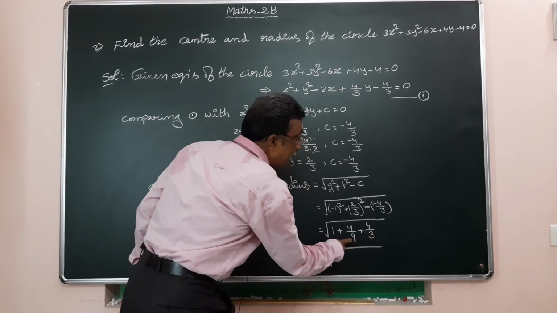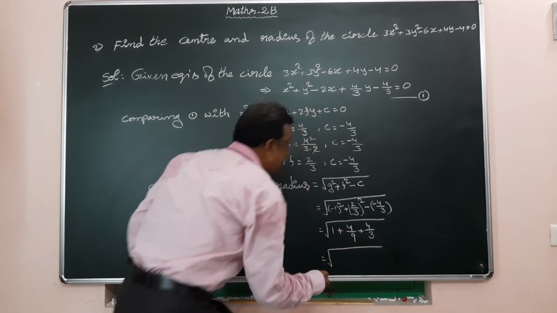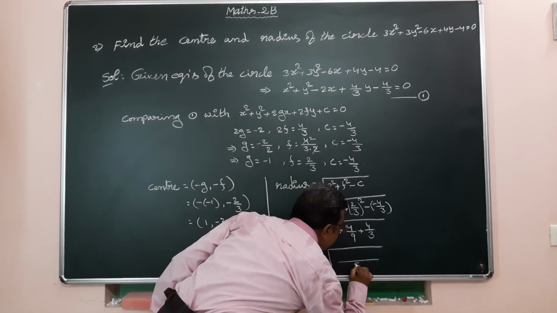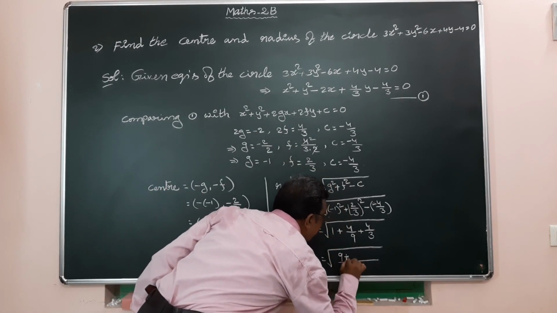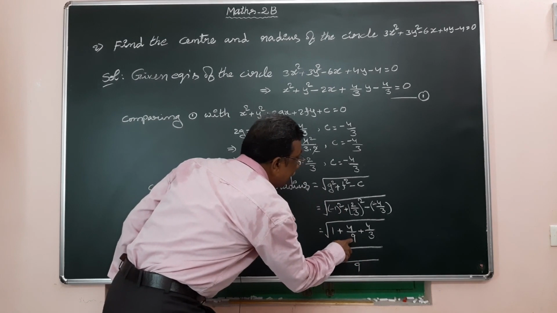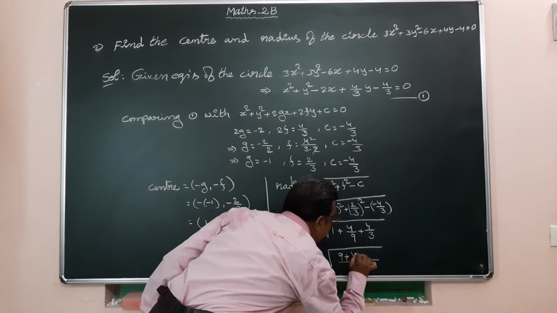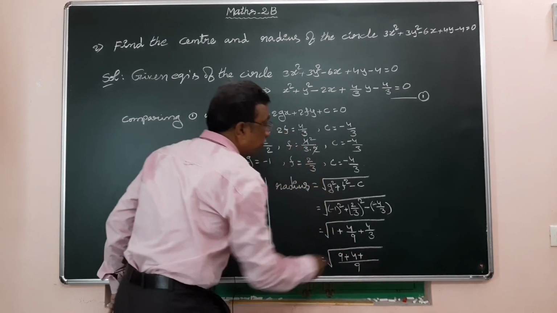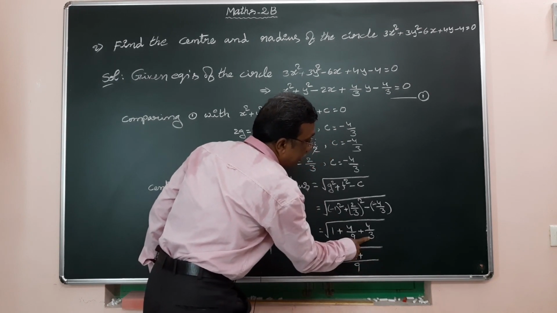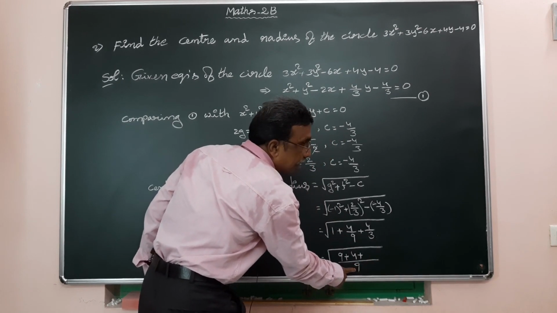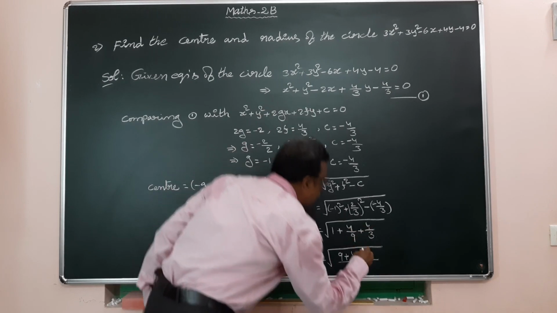The LCM is 9, since 3 is cancelled in 9. 9 ones are 9, 9 is cancelled 4 times, 9 and 3 times cancelled, 3 3s are 9, 3 4s are 12.